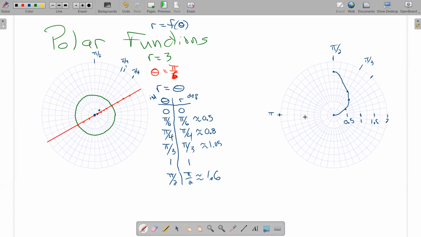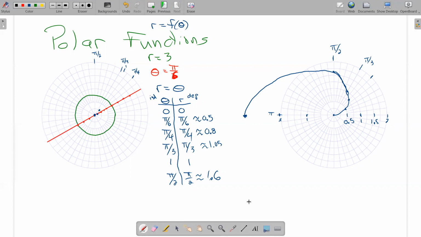This is 2 right there. 1, 2, 3, 4. That's 1. So 3 is going to be about out here-ish. So that spiral is going to end up out here, 3.14. So this is my best version of that spiral. And it's just going to keep going around because 2 pi is going to be way off my screen there.